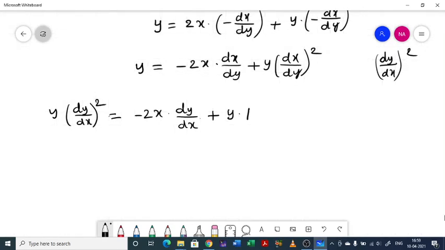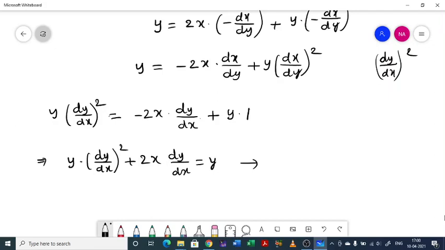So this became y into dy by dx whole square plus 2x into dy by dx equal to y. This is the differential equation of orthogonal trajectory of the given family.